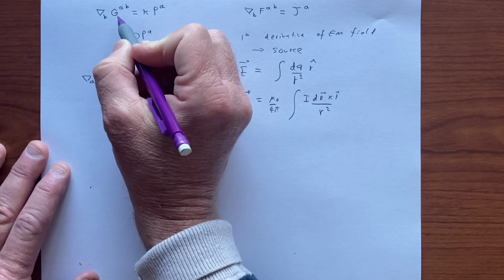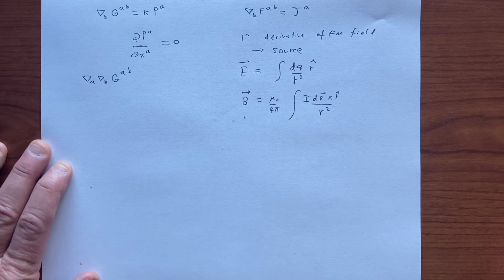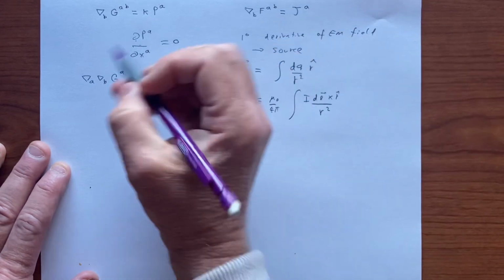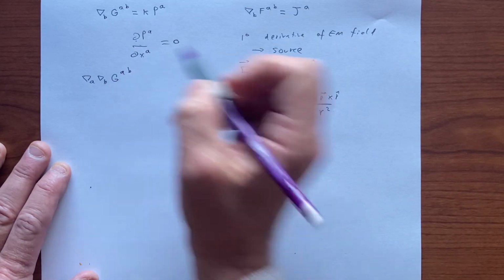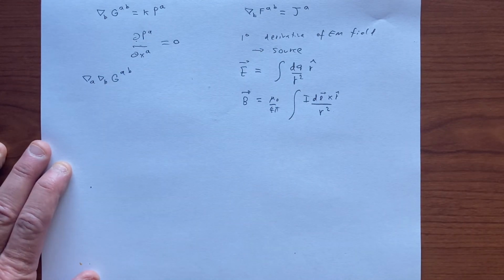I just wrote it as G. Eventually we'll write the correct curvature object as G, but now we're just saying we're going to start guessing at what this can be, and it would have to satisfy this property if this were the right approach. So it looks like this is not the right approach.